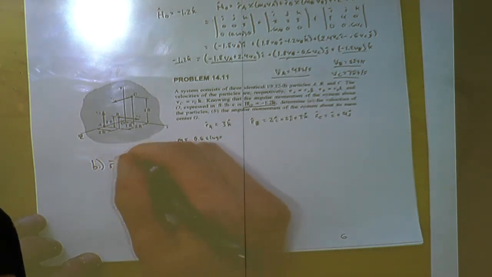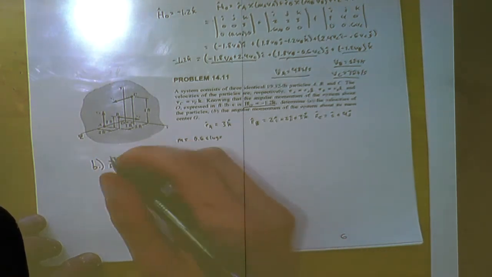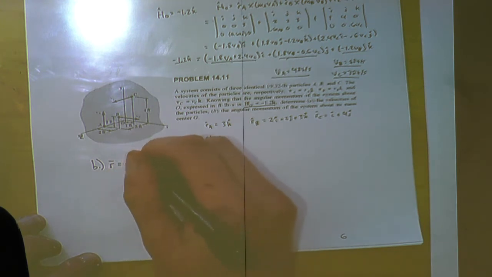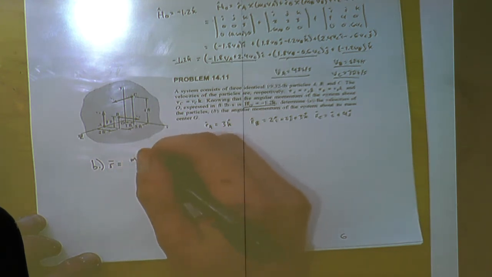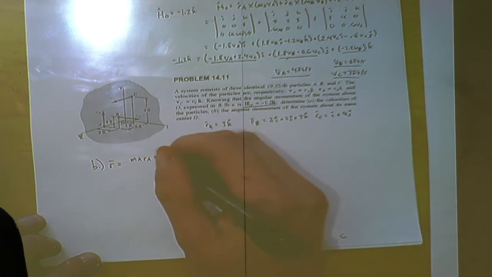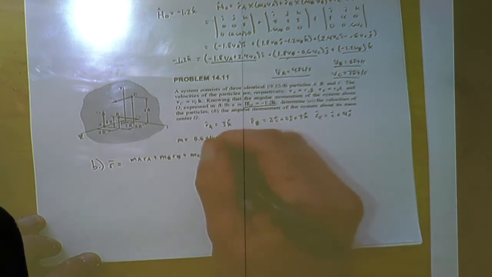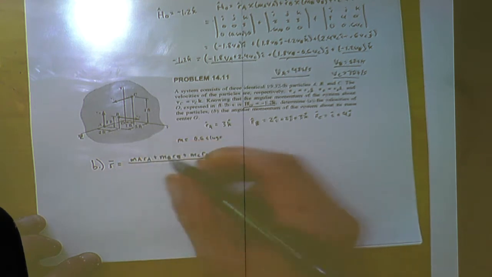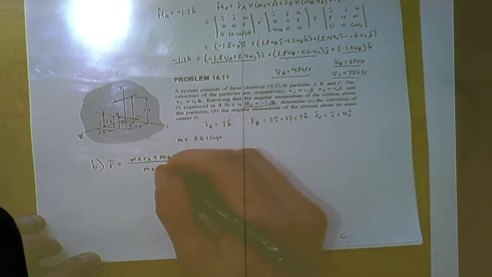so the coordinates of the mass center G in feet is MA RA plus MB RB plus MC RC all over the sum of the masses.